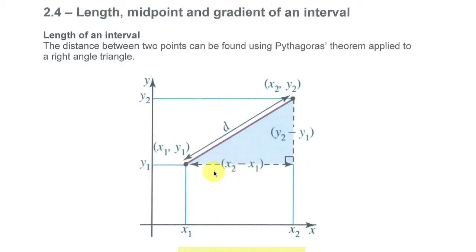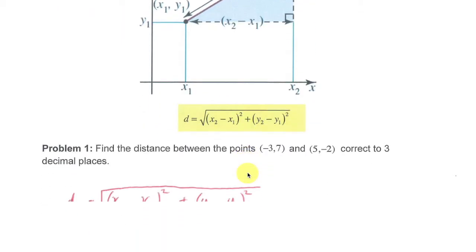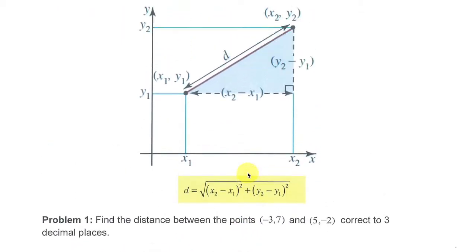It's going to be x2 take away x1. And so now I'm able to apply Pythagoras' theorem: the hypotenuse will equal the square root of (x2 take x1) all squared plus (y2 take y1) all squared. And of course the hypotenuse is that distance.